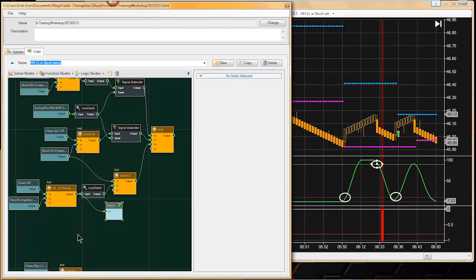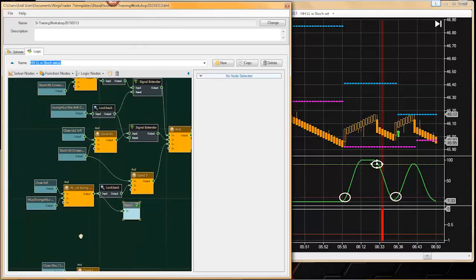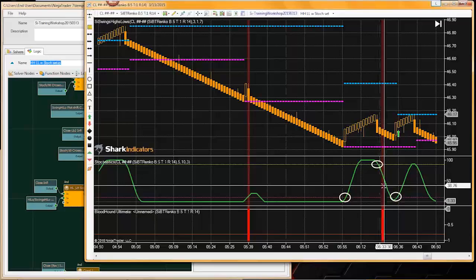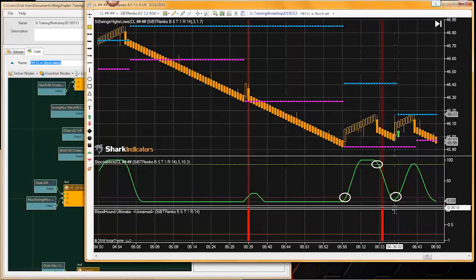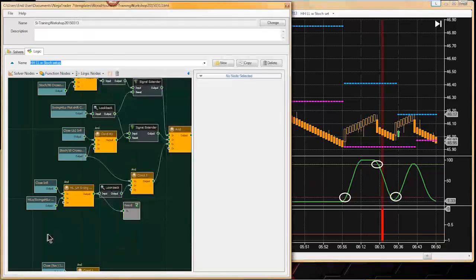So, all right. Okay, so I'm going to look at each of these solvers and find out why we're not getting an output here.